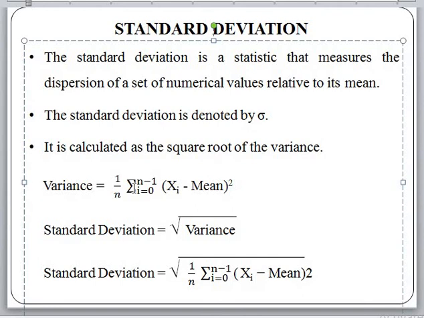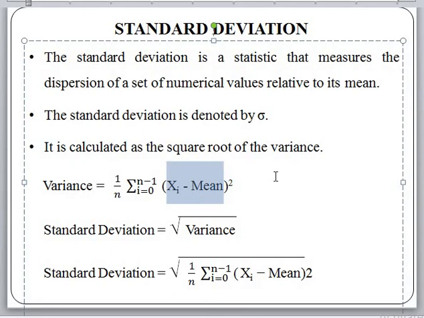Now the variance formula is this. We are going to have summation of terms xi minus mean. What we obtained in the previous explanation, the mean, is calculated by adding all the terms divided by the total number of terms.